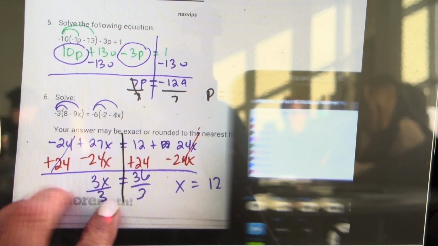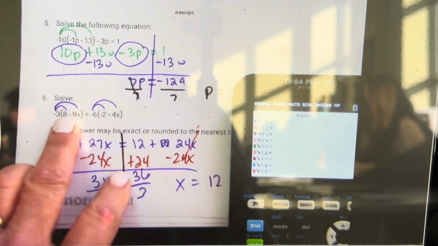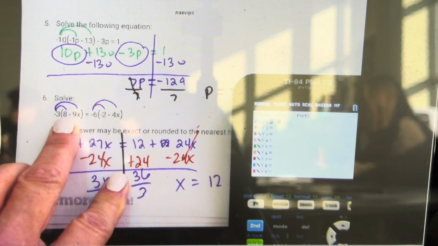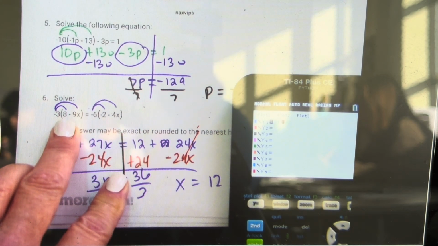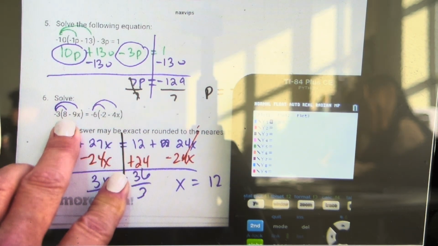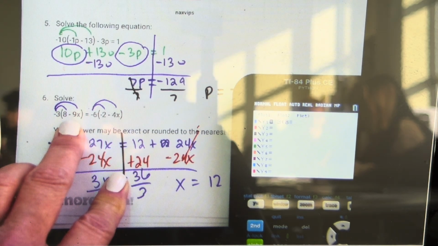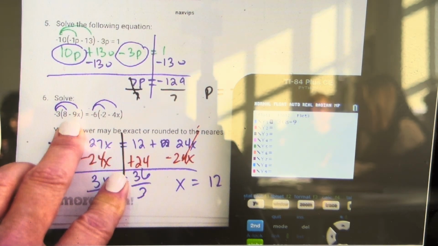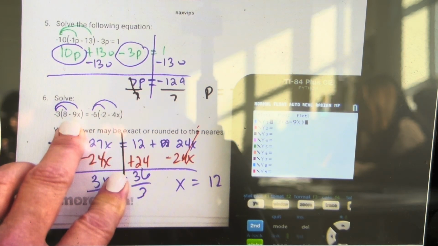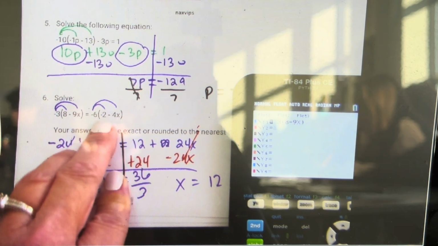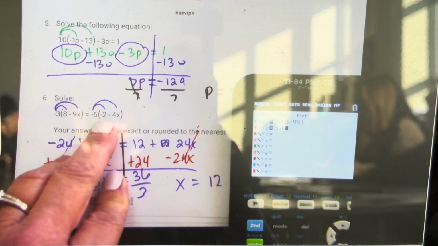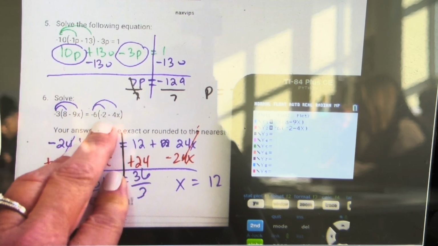To do this by calculator, you put the left side in y1, and it doesn't matter what the variable is. What's the variable? X. So negative 3, 8 minus 9x, and negative 6, negative 2 minus 4x, close the parentheses.